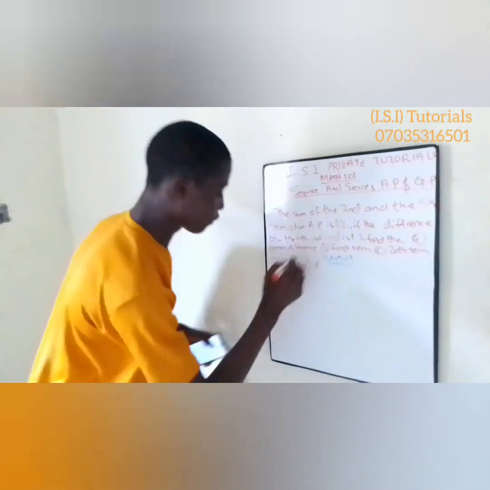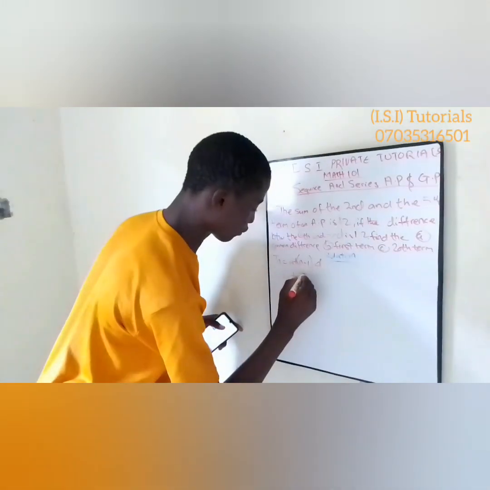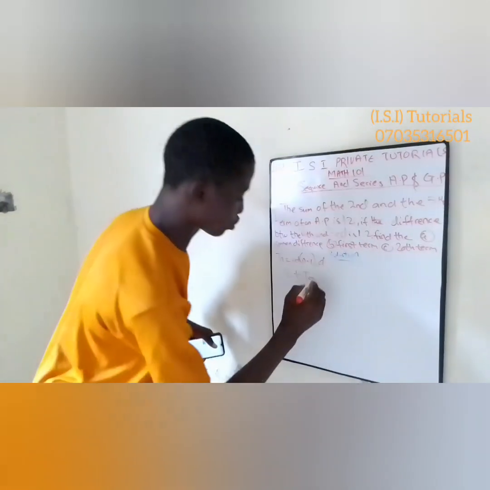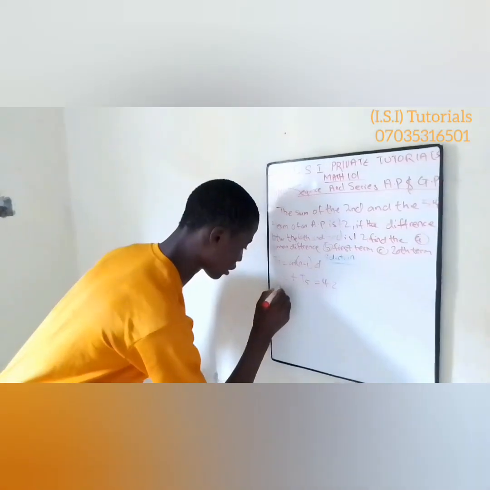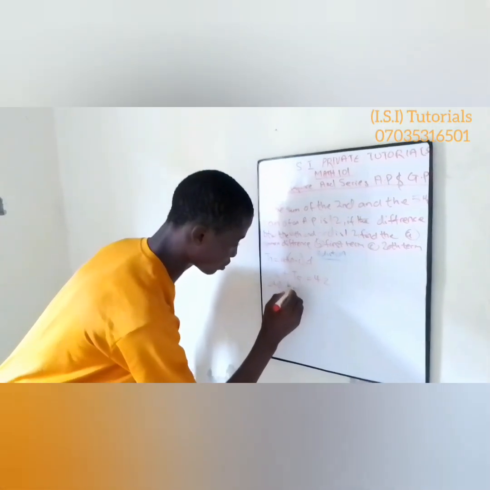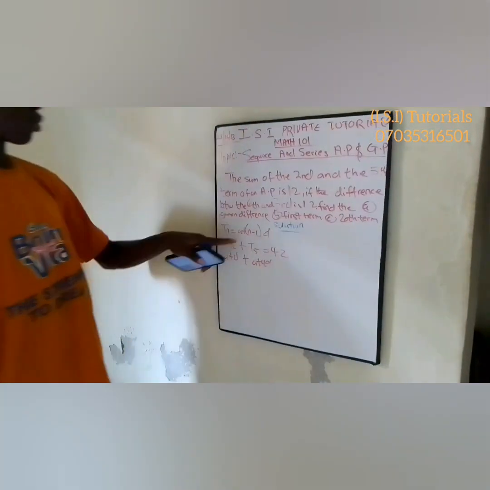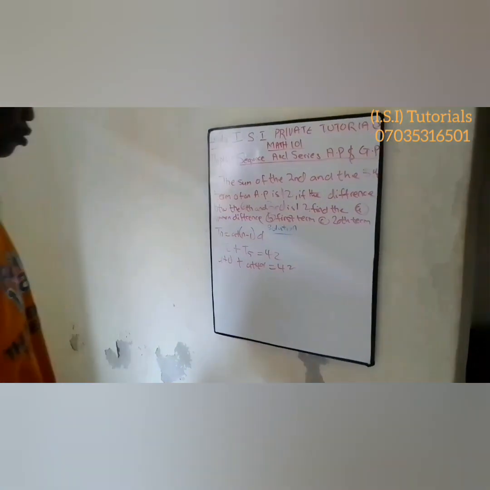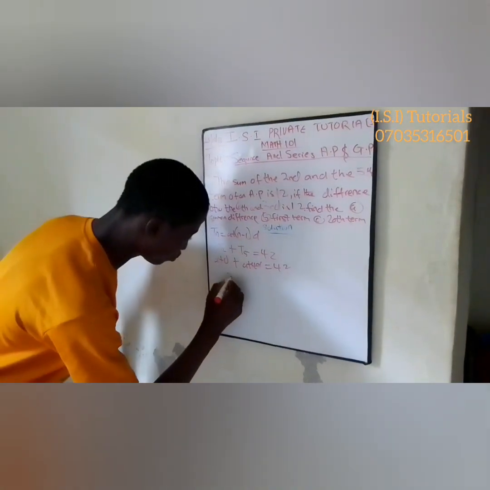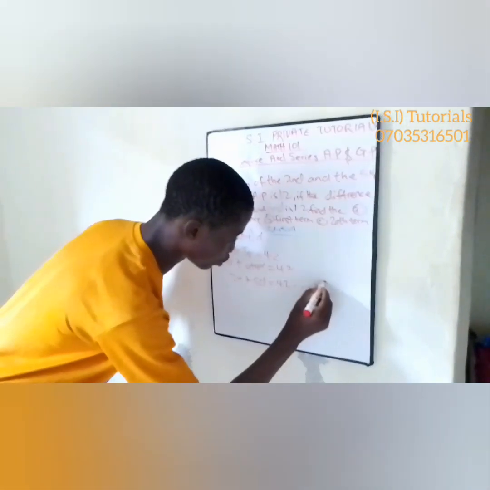So we have T2 plus T5 equals 42. T2 is A plus D and T5 is A plus 4D. Once you use the formula, you surely get to this. Here's an equation: A plus A gives us 2A plus 5D equals 42. We call this equation 1.